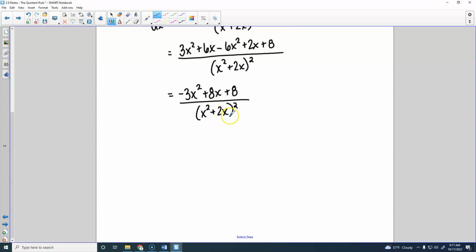Let me show you something they will probably do in the denominator here. X squared plus 2x, what can we pull out of that? We can pull out an x. If you pull out an x, though, this is how it works. You're pulling out an x, but it is still inside of the parentheses that square it.